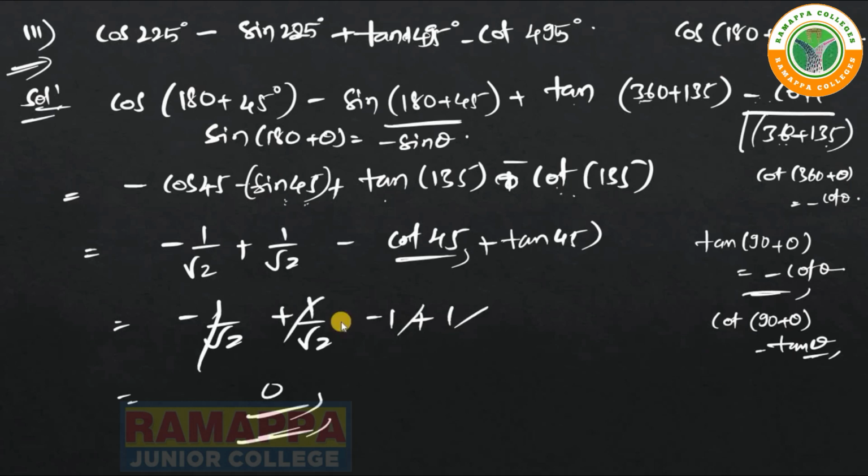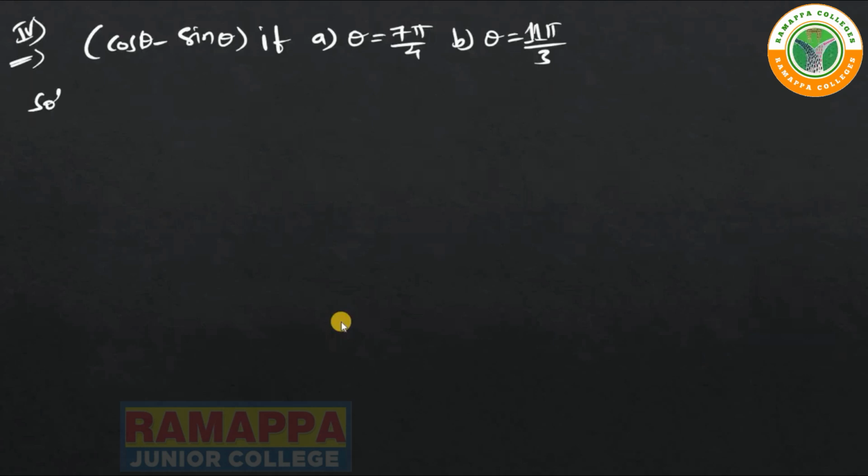Now moving to the fourth one. Here the fourth question is: find cos theta minus sin theta, if a is theta equal to 7 pi by 4 and b is equal to 11 pi by 3. I will take 7 pi by 4 first.